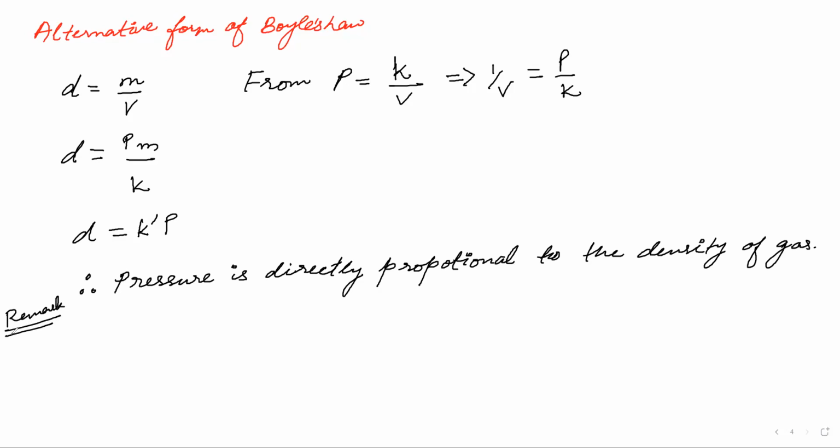So if we go to regions like mountains, then what will happen? The atmosphere which we experience will become less. Why? See, this is the sea level, and this is a mountain.